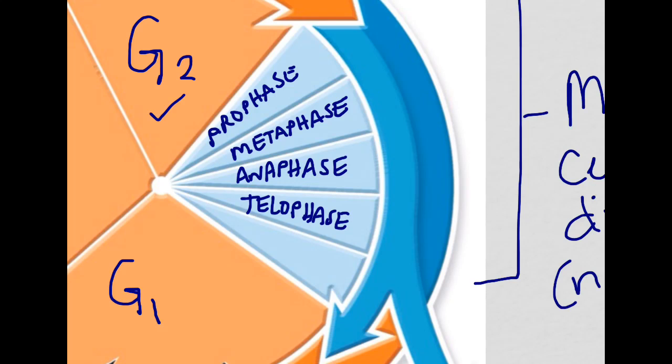Two nuclei will be in one cell, but our goal is to divide up the cell. So the last thing that has to happen is not really a phase of mitosis, but it's required for cell division, and that is cytokinesis. And that is cell splitting, where the cytoplasm actually is split so that we have two separate cells.